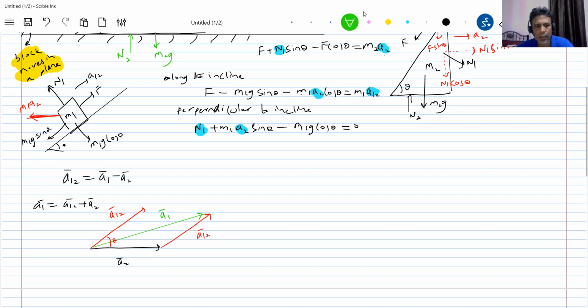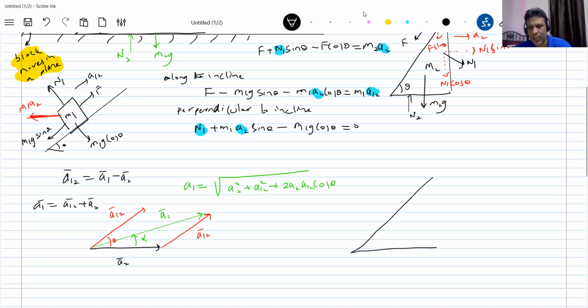This A1 bar makes an angle alpha. How to get that A1? The magnitude is the square root of A2 squared plus A12 squared plus 2 A2 A12 cos theta. Very roughly, let's see what actually we have studied.